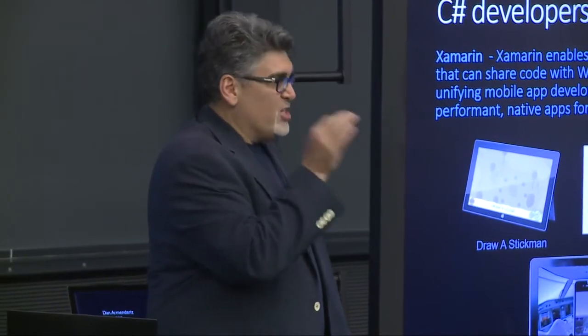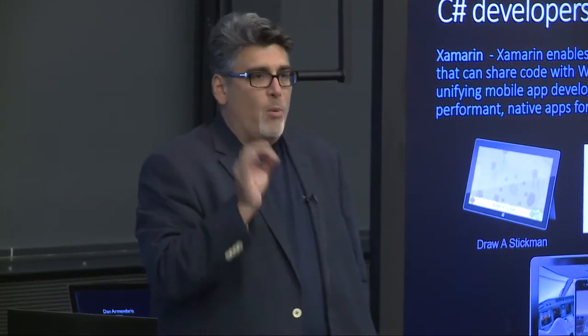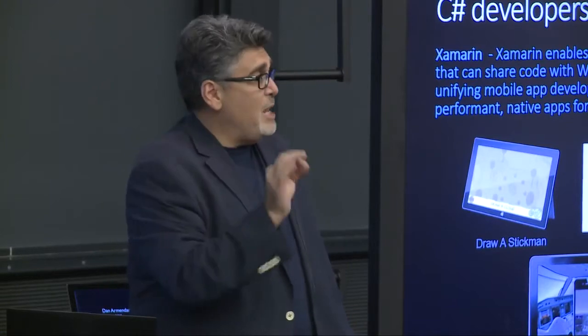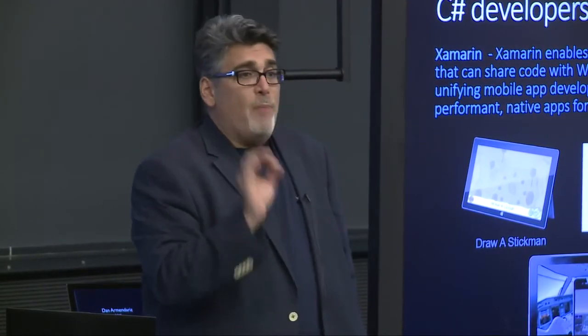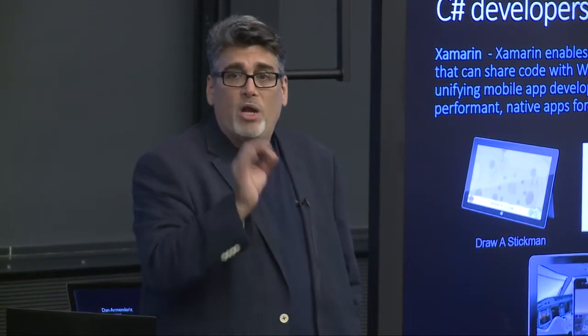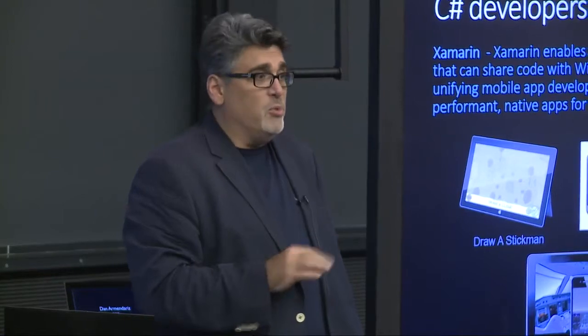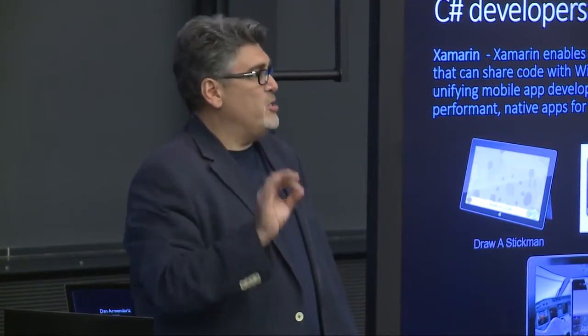You want your app to sing and to just be the most fantastic experience on whatever mobile device it's on. But at the same time, if you want to have the furthest reach, the most opportunity for downloads and for monetization and all of that, you want to be on as many mobile platforms as possible. So you need a strategy. It might be native on each platform. That's a strategy.